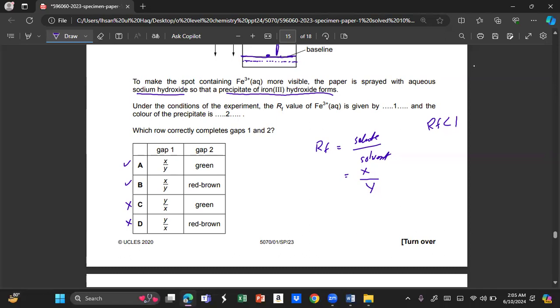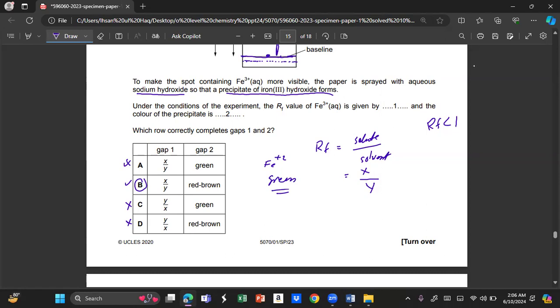Rusting contains iron 3. So the color of iron 3 compound, which is the oxide Fe2O3, usually is reddish brown. So option B is 100% correct. Option A is also rejected because green is for iron 2. Iron 2 compounds are green.